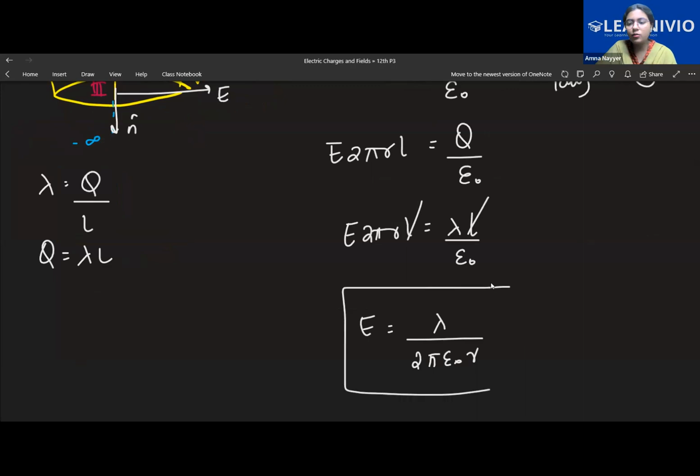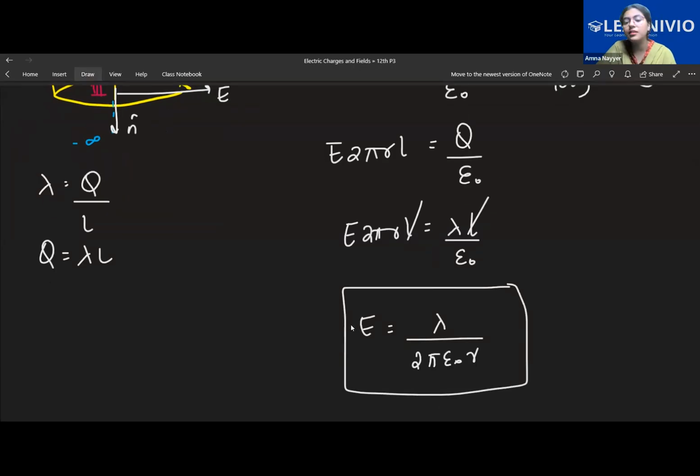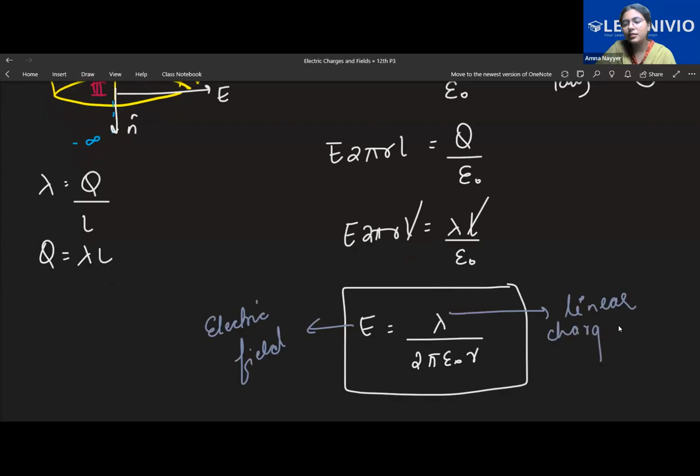This is the value of electric field due to a straight wire, and it's one of your important derivations of class 12. What is E? E is the electric field. What is lambda? Lambda is the linear charge density.